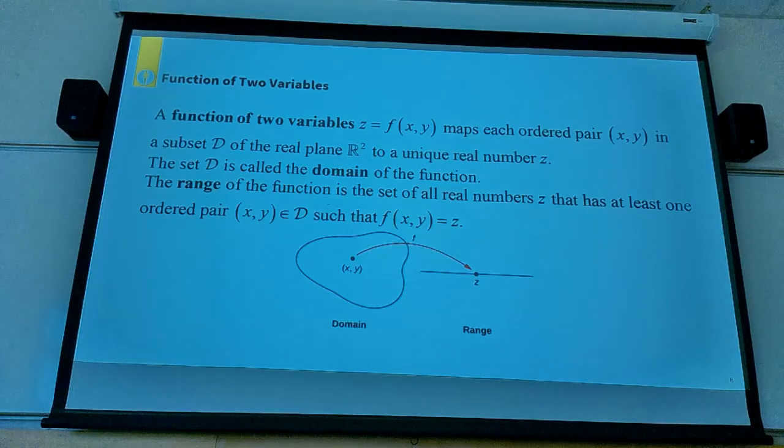X and Y. So what happens if you plot a two-variate function? It's 3. You're 2 independent plus 1 dependent.